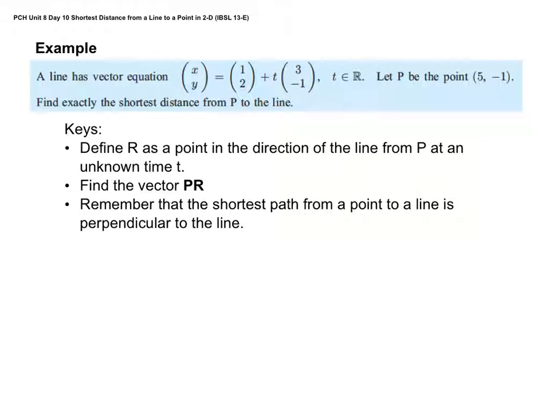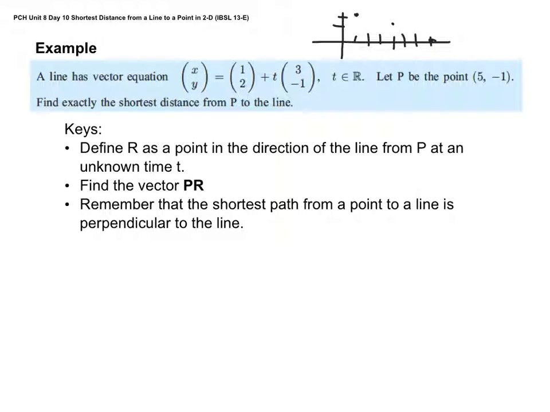I'm going to first of all sketch what's going on here. So we have this line. It starts at the point (1, 2) and it goes along a vector of (3, negative 1). So it's going to go to the right 3 and down 1, and then to the right 3 more, and down 1.